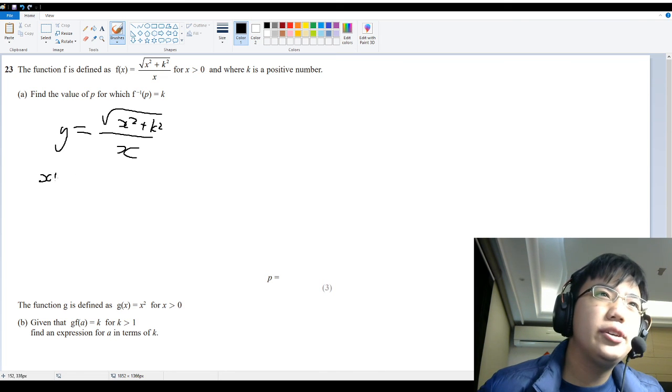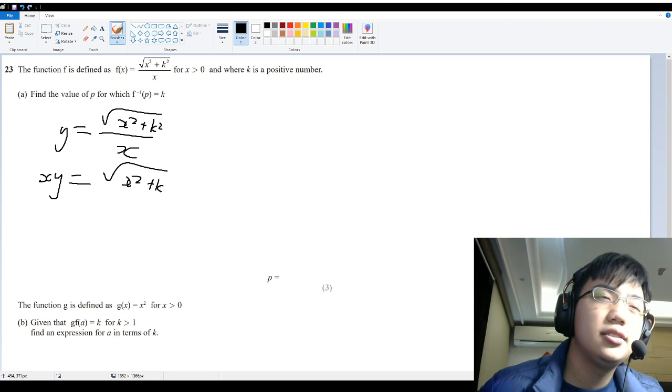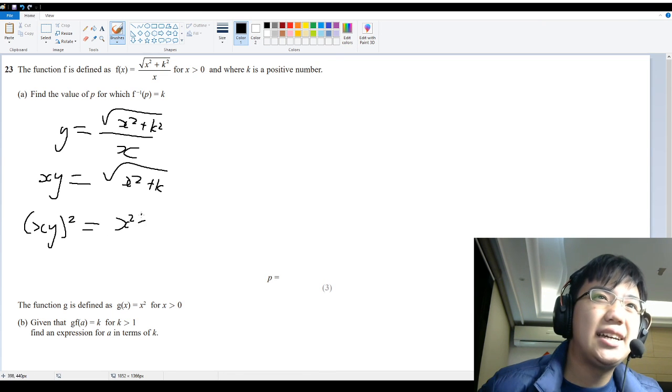We can factor x onto the left hand side, and square both sides to get rid of the square root on the right hand side.